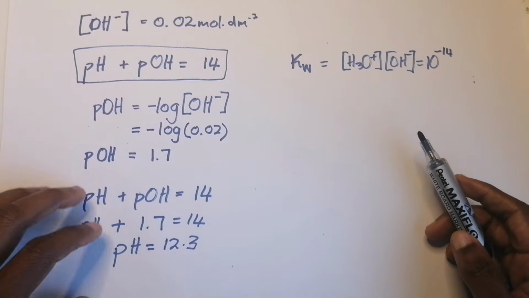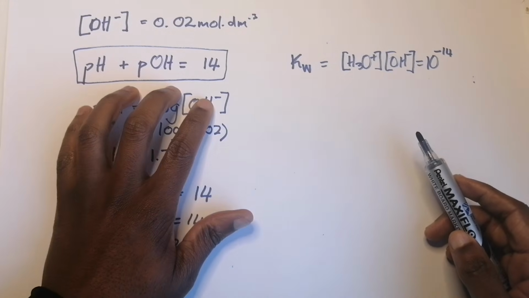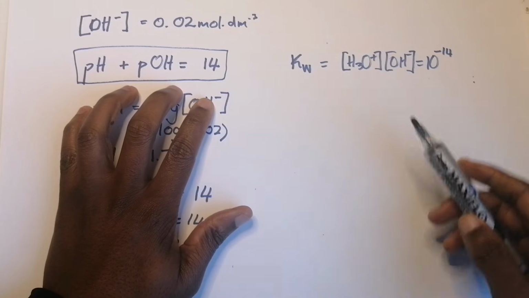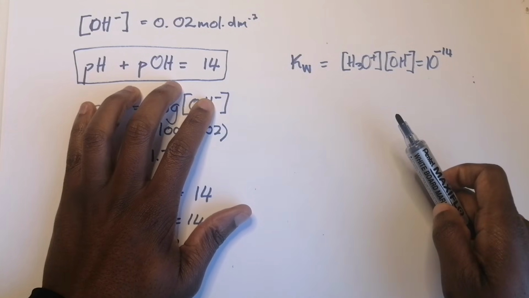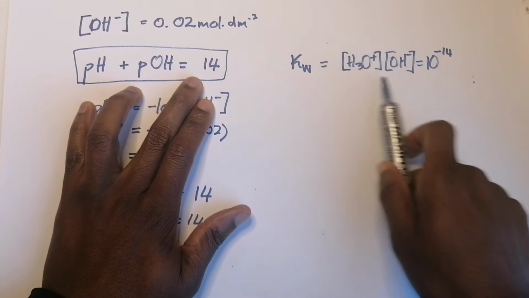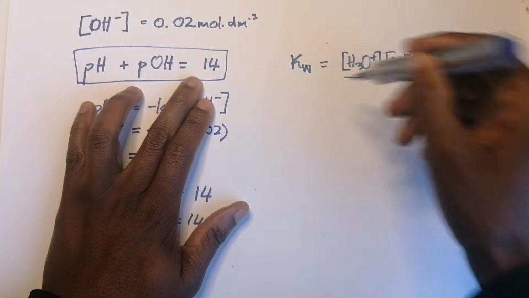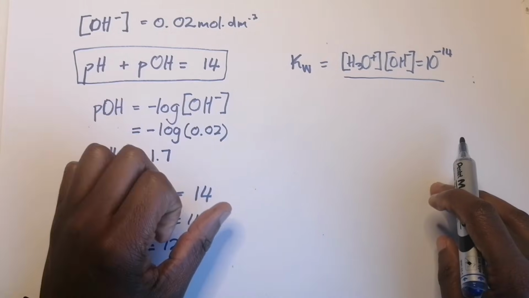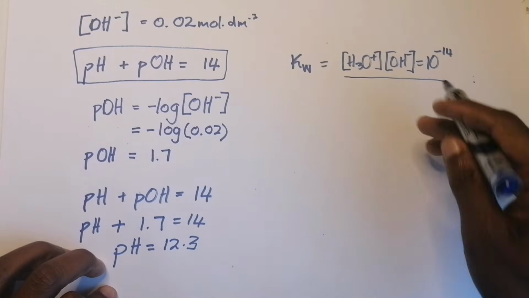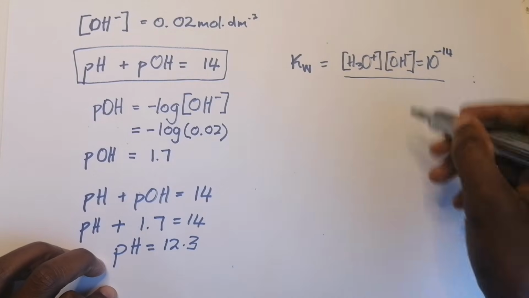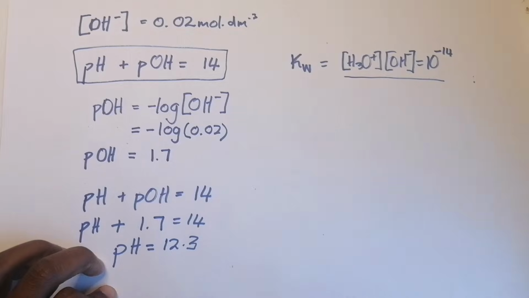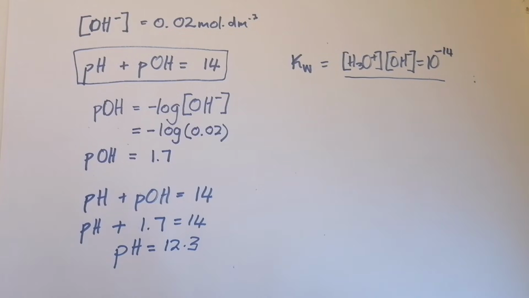But I want to put them side by side. If you prefer this method, remember pH plus pOH will give you 14. If you prefer this one, which by the way you are given in your data sheet, this one you are not, then we know that it's going to be 10 to the minus 14.